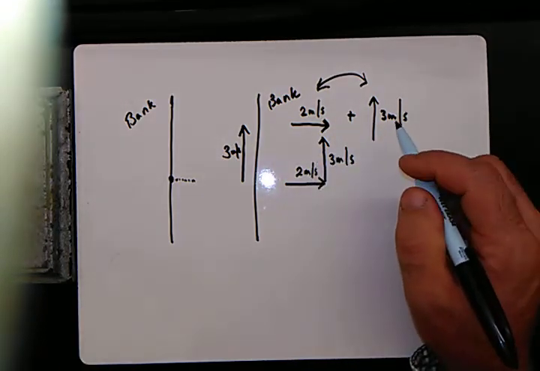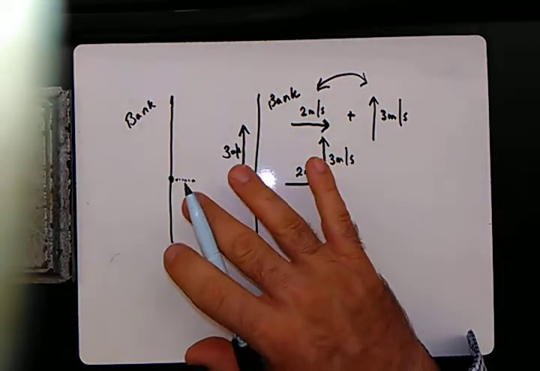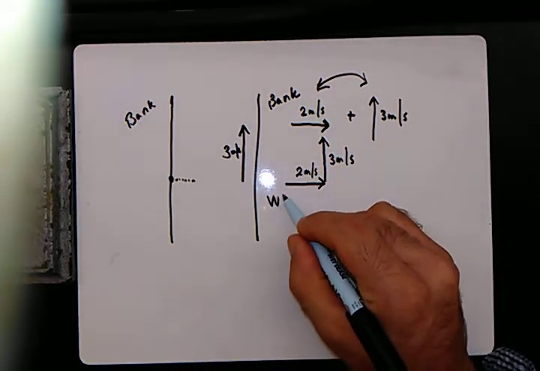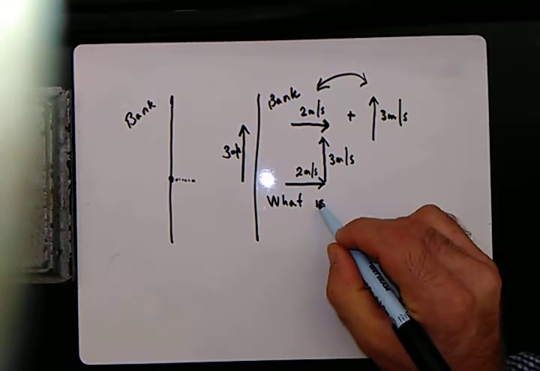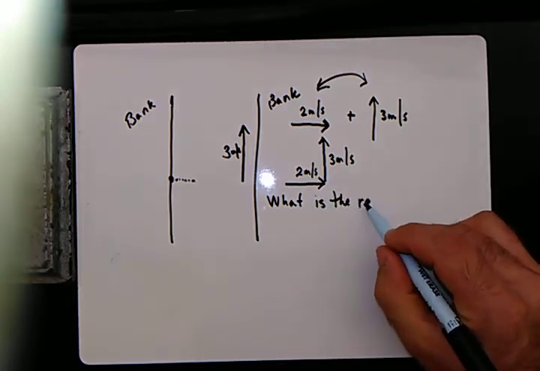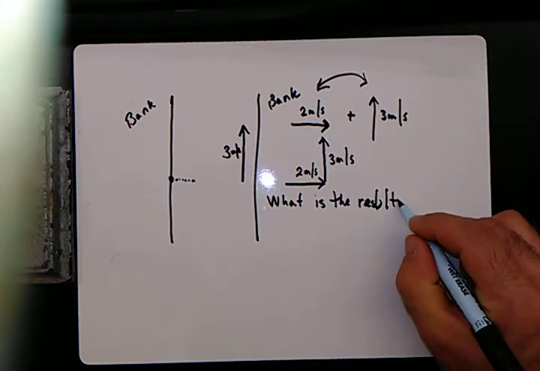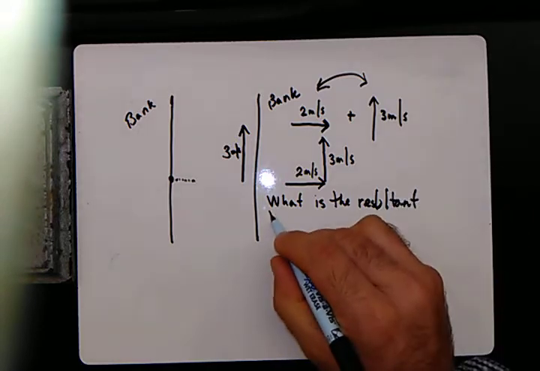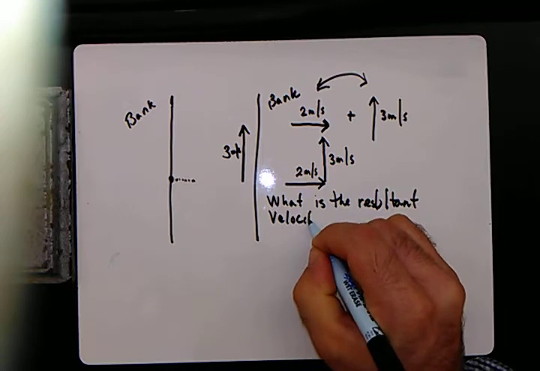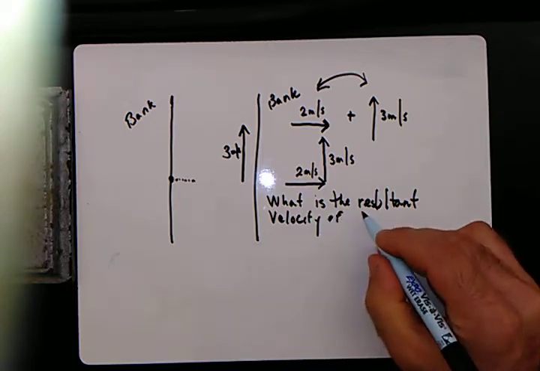So my question is, what is the resultant velocity of the swimmer?